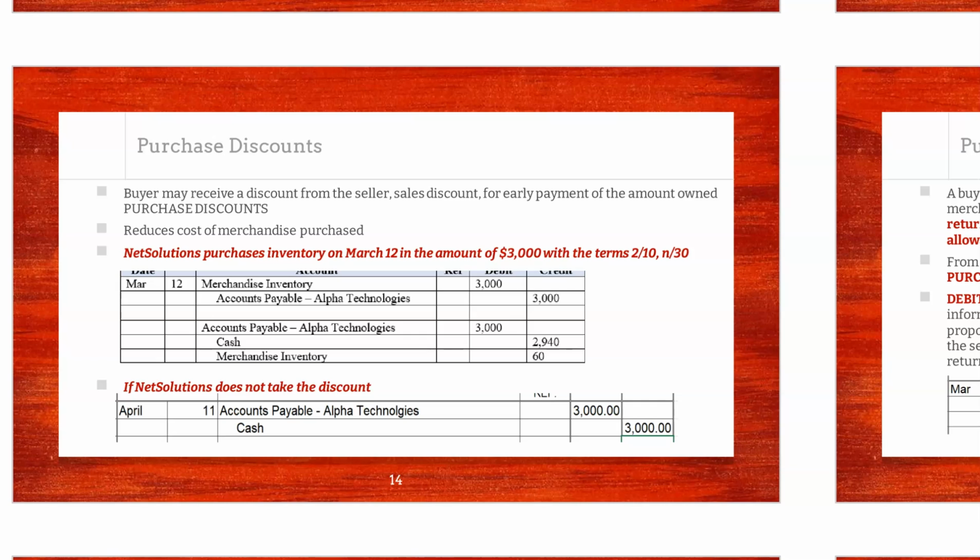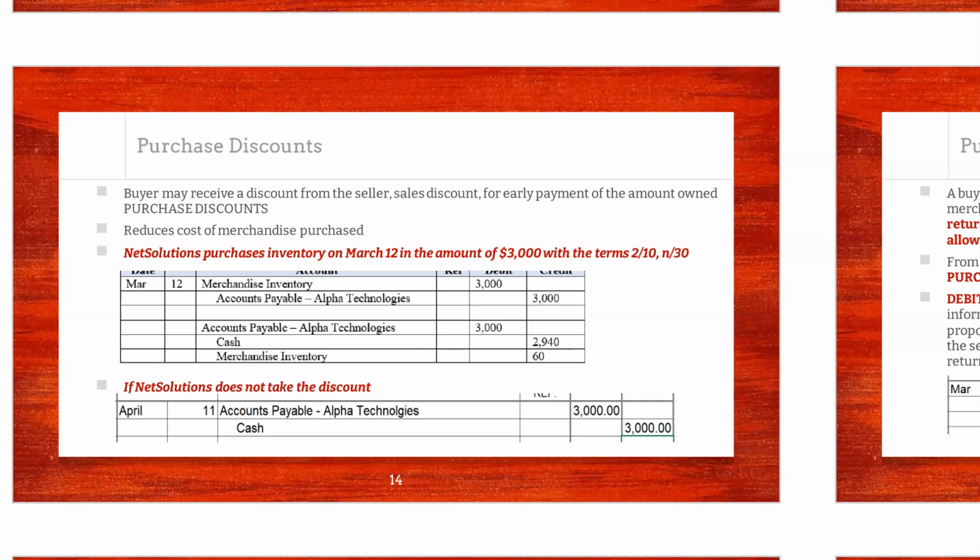This is just like the sales one we looked at, but now we're thinking as the company. This is going to reduce the cost of the merchandise purchased, just like it reduced the cost of the merchandise sold, if you think back to those transactions.